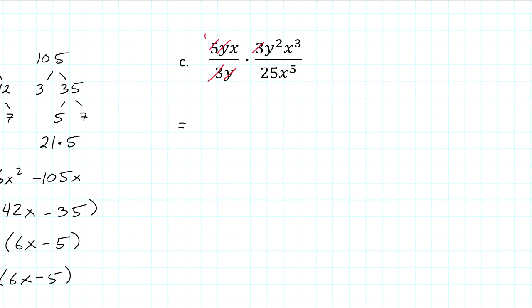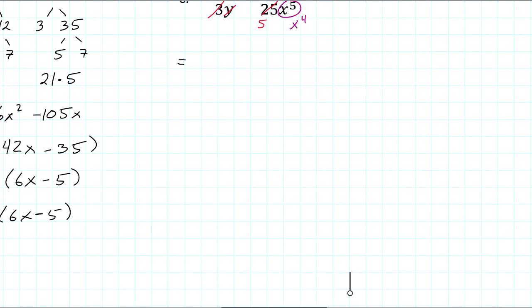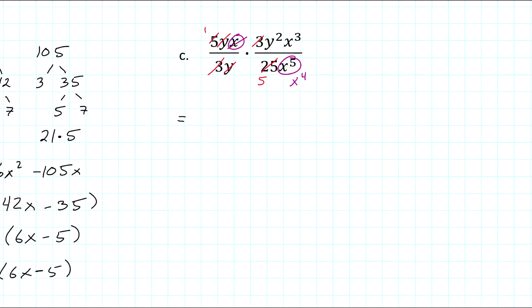The 5 and the 25 can reduce to a 1 and a 5. And then I can also take that x on top and cancel with the x to the fifth to make that an x to the fourth. Let's just do that and then see what we have at that point.